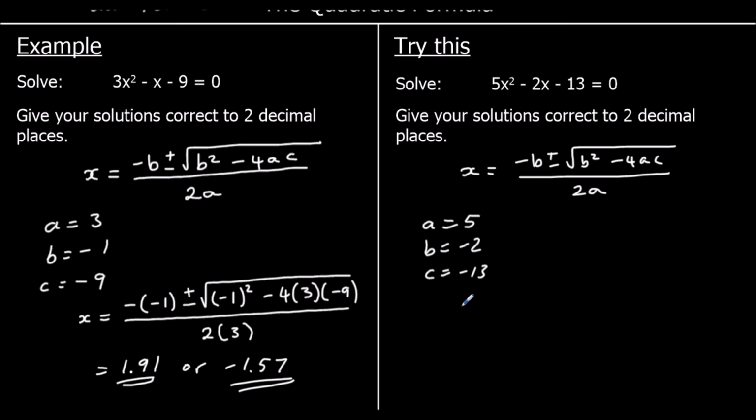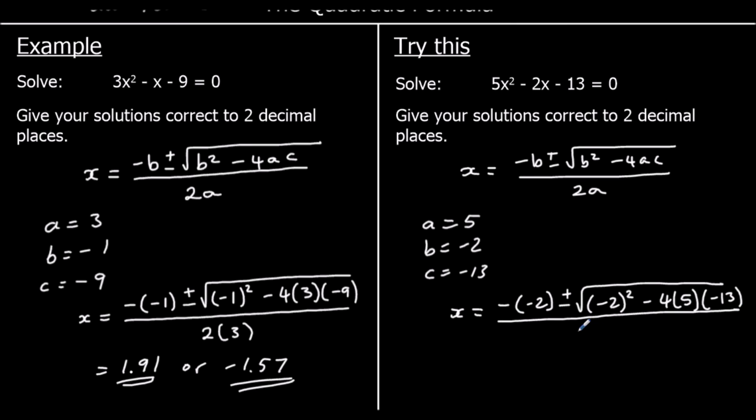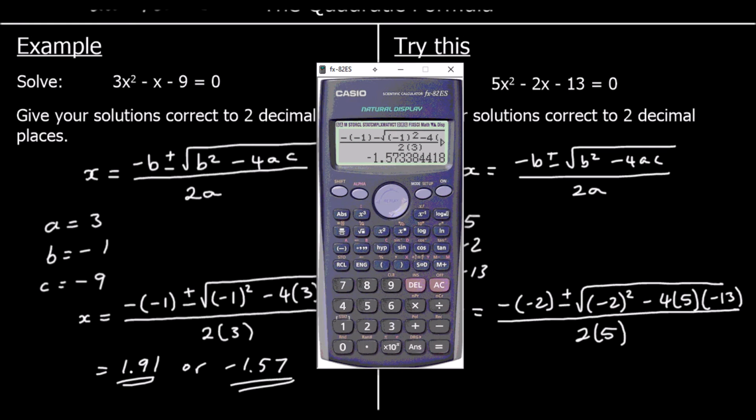So if we substitute in, we have minus -2 plus or minus the square root of -2 squared minus 4 times 5 times -13 over 2 5's. So we'll type it into the calculator, once with a plus, once with a minus, and we'll get both our answers.